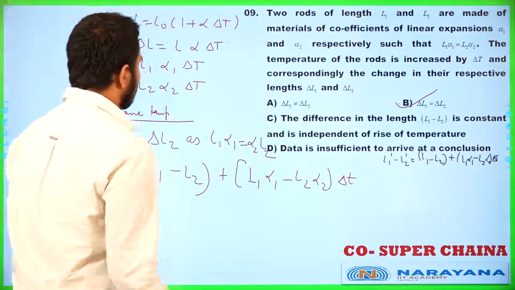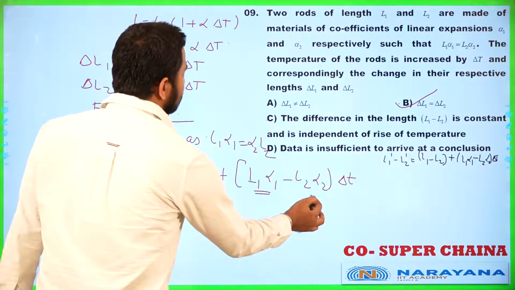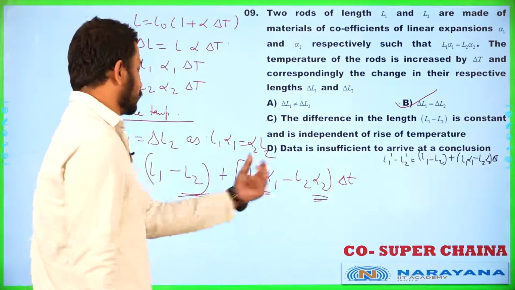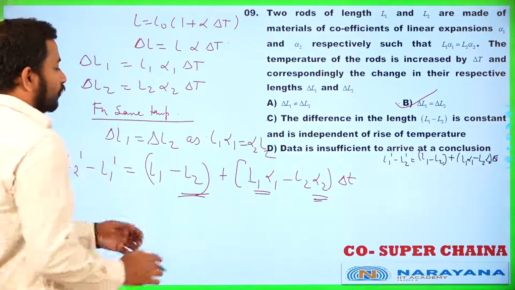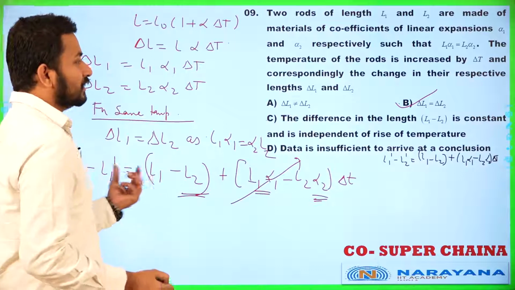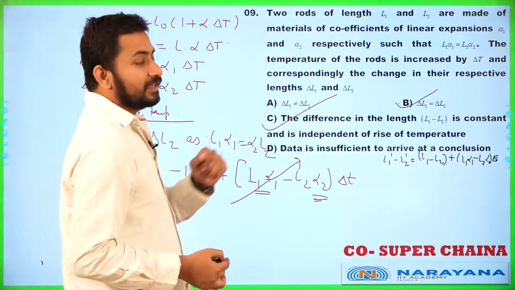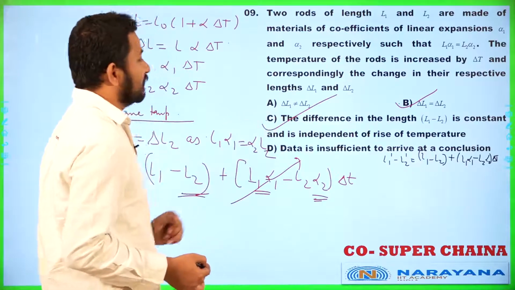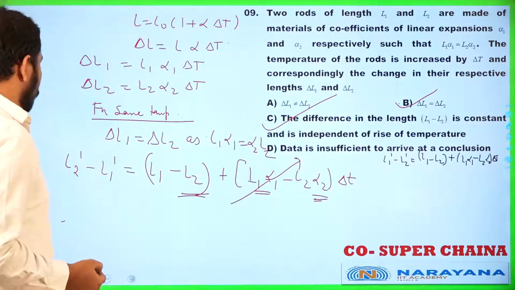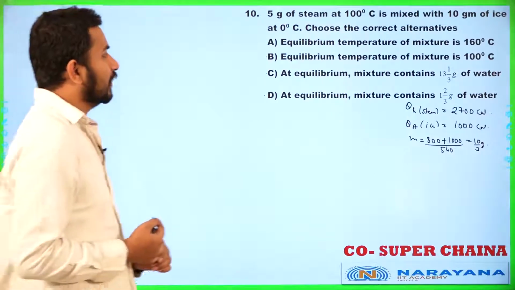The temperature difference is constant here, and L1 alpha 1 is equal to L2 alpha 2, so this term comes to 0. So this whole term gets cancelled out, and the difference in the lengths is always constant and independent of the rise in temperature. So options B and C are the correct options for this one. This is how you have to proceed. Let's check the next one.